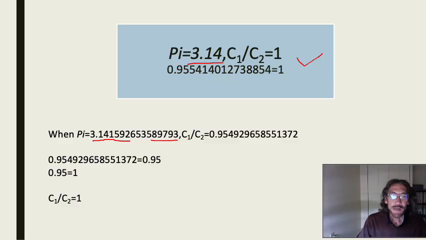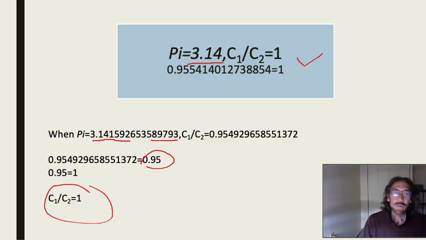If you use that value, the proportional relationship is still 0.95, still 1, but the digits look a little different. Here you have 9, 5, 4, 9, 2, 9, 6, 5, 8, 5, 5, 1, 3, 7, 2. But you still get 0.95, and that's 1. And again, circumference 1 and circumference 2 is proportional at 1.